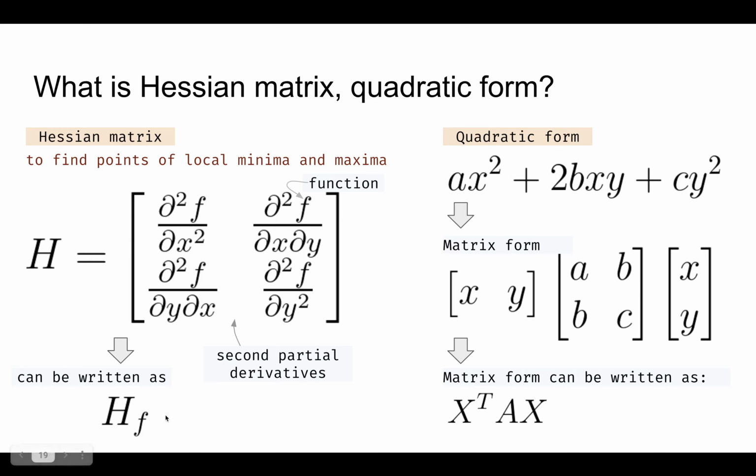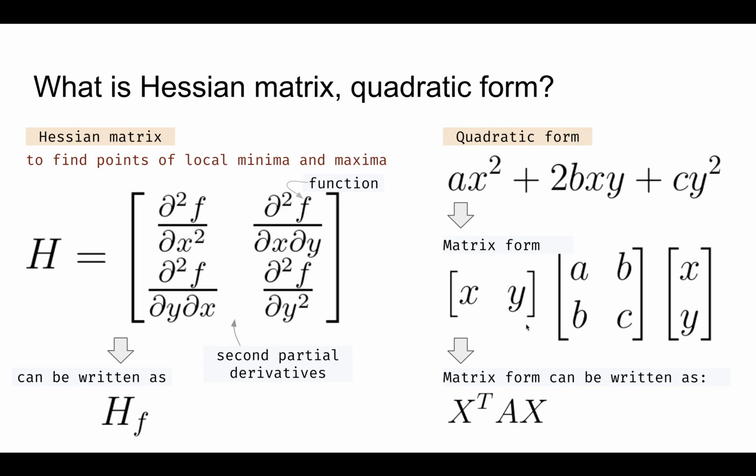And the notation for that could be written as H of f. And the quadratic form, again we have the squared values. So this particular equation can be written in the form as shown here, and which can be written in the notation form as shown here, x transpose A x.